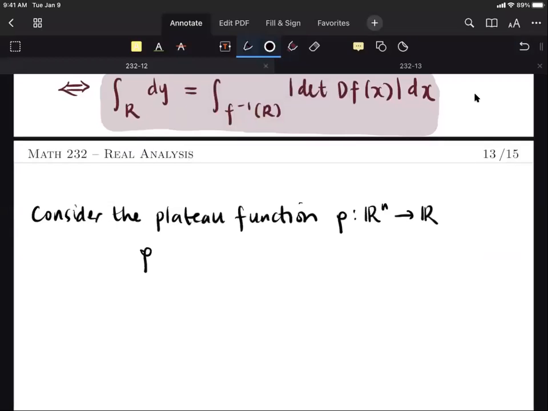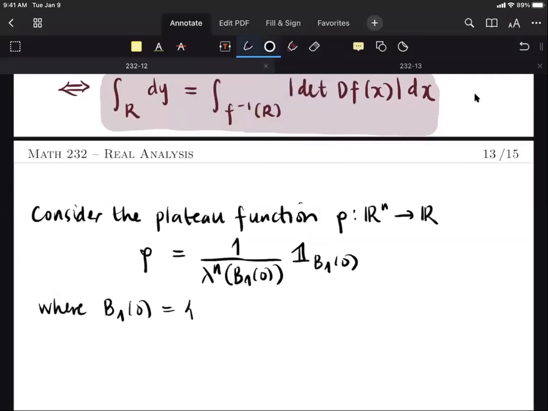So rho is equal to the reciprocal of the Lebesgue measure of the unit ball in Rn times the characteristic function of the unit ball. So the unit ball here is the set of x in Rn having Euclidean norm less than 1.